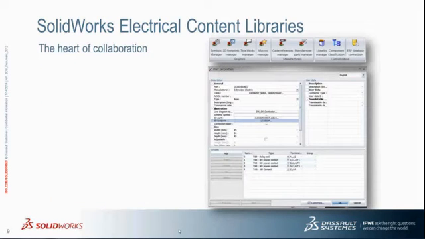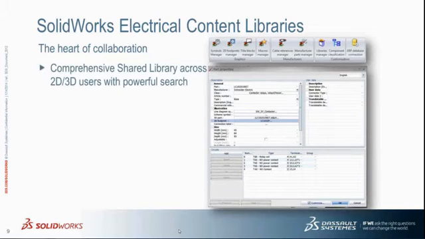What we'd like to do is talk a little bit about the content libraries here, because what we're also doing is we're tying together this shared environment with all these different types of documents with powerful shared libraries that all the electrical users can work from. And these libraries contain all the relevant part information, such as the manufacturer, the part number, and relevant specifications.